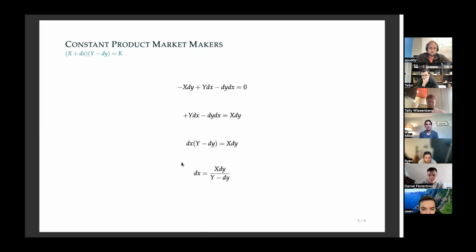This is how you determine if you take out dy amount, you're going to get dx, and vice versa. This is what you end up getting for dy. So yeah, you don't even need a K for determining the balances.